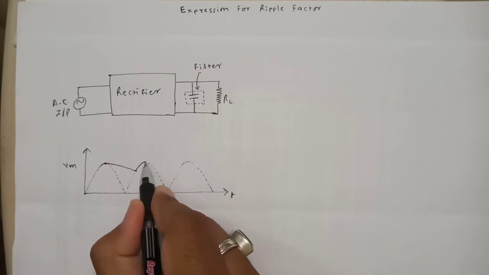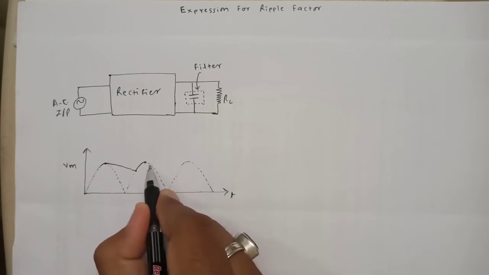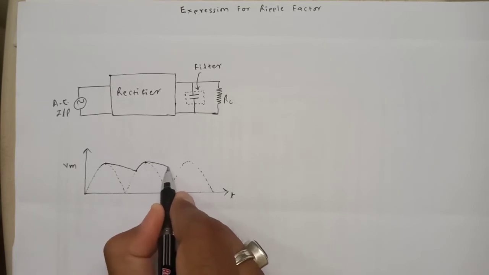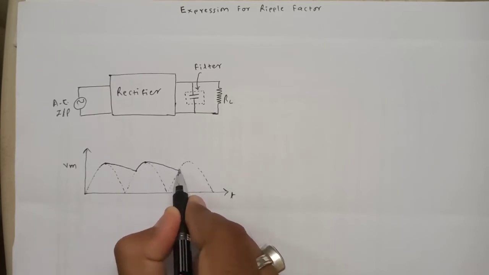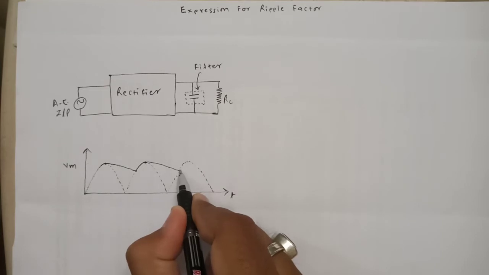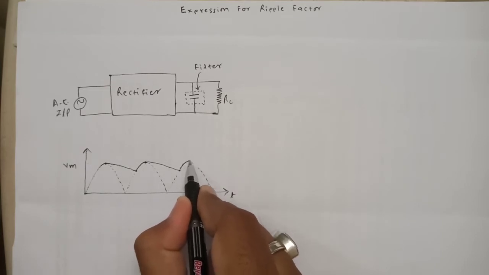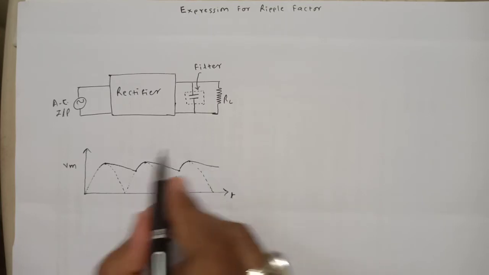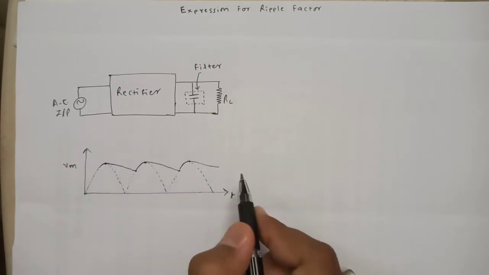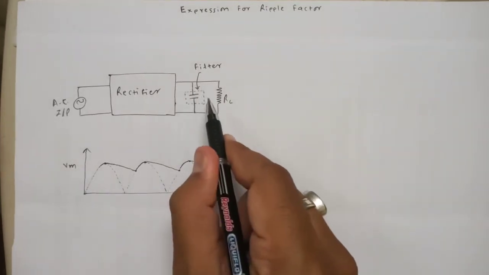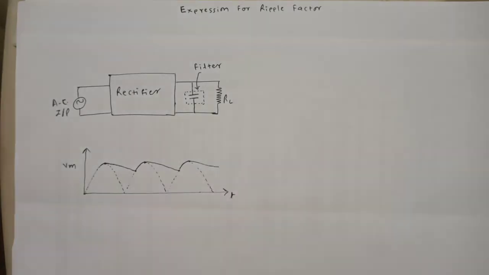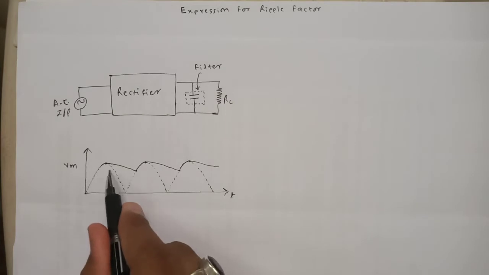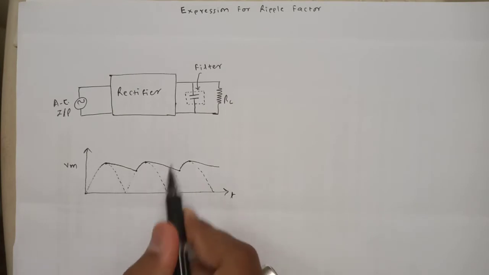After this, the input voltage is decreasing again, so the capacitor discharges, and the discharging time is again higher, and this cycle goes on continuously. In this way we get this waveform at the output when the filter is connected. Now in this study we are interested only in this waveform, which we get after connecting the filter.